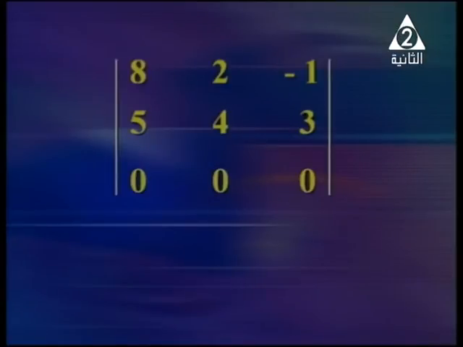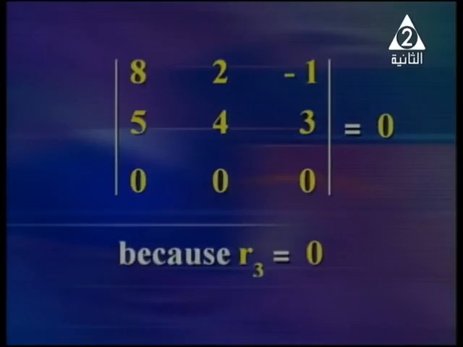The first row 8, 2, negative 1. Second row 5, 4, 3. But third row 0, 0, 0. In this example, the result must be equal to 0. Why? Because all elements of the third row are equal to 0. Then the value of the determinant must be equal to 0.